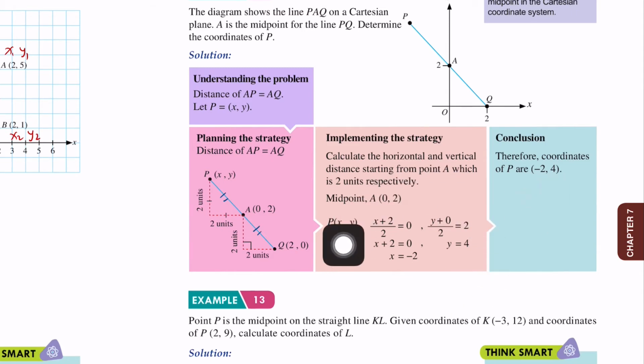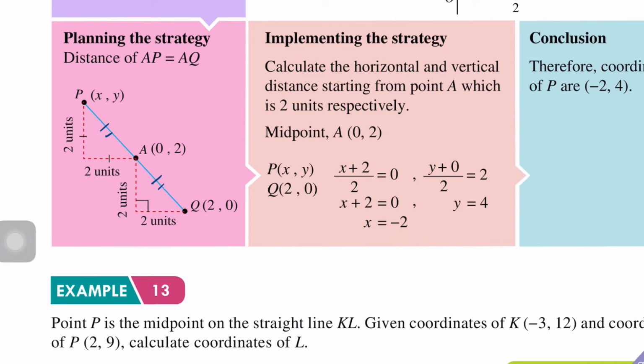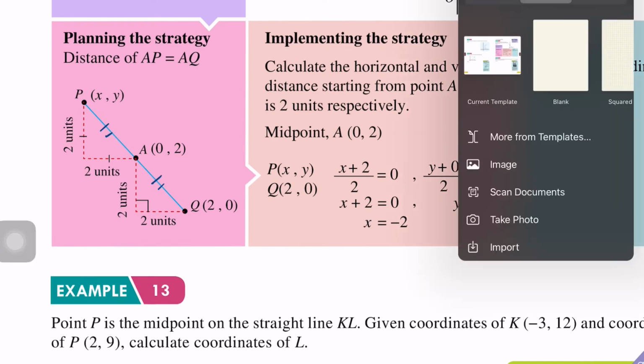Boleh? Mesti akan ada yang tanya saya, Sir, kenapa X plus 2 over 2 equals to 0? Kenapa? Sekarang tengok sini. Saya conteng barulah sekejap.